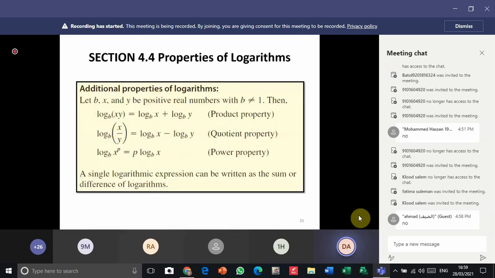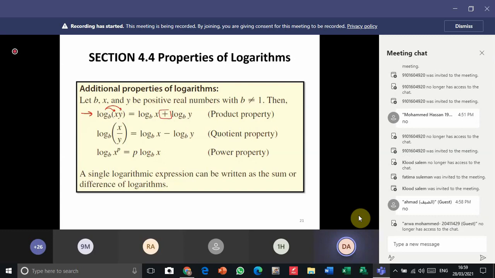More properties about the logarithm. If we have the logarithm of x multiplied by y, the product of two variables x and y, we can distribute the logarithm to the first and the second, but put a plus between them. So log x plus log y, because x and y are multiplied together. If we have a fraction, log of x over y, we can distribute the logarithm on x and y, but put a minus between them.